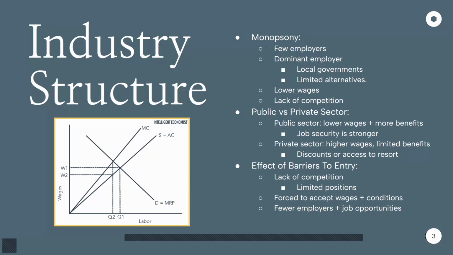Because of this, they can set wages lower than in more competitive labor markets, and workers have limited alternatives for where to work. This creates a lack of competition, which forces workers to accept lower wages, reduced benefits, and even bad working conditions. I put a monopsony graph over here.